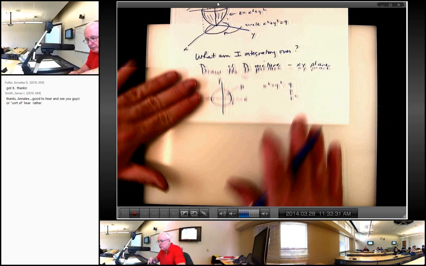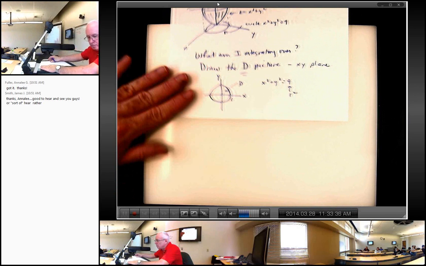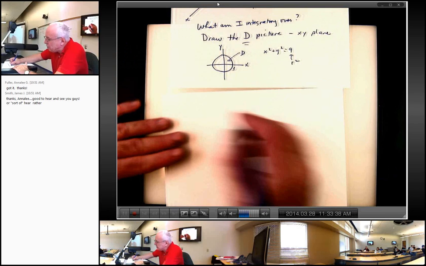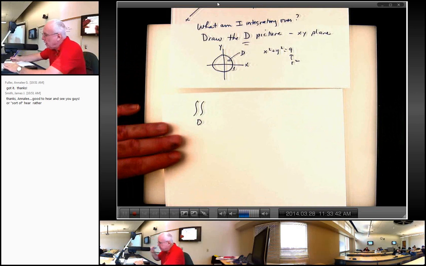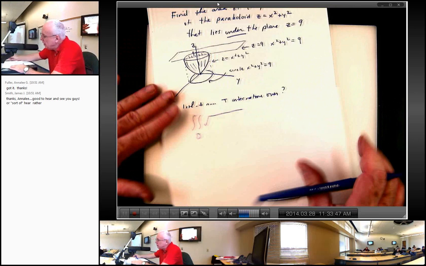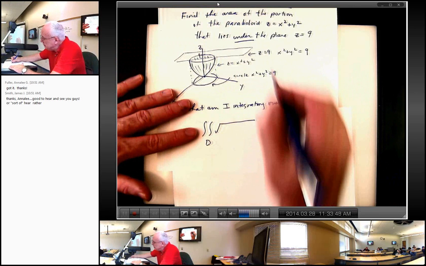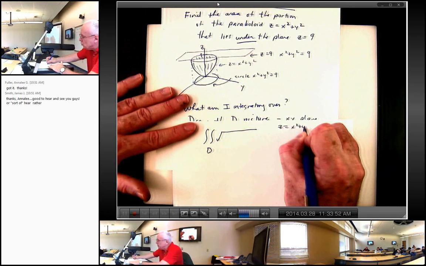Let's hope we can get this finished. So let's set this up. First of all, we're going to have a double integral over D. Okay, what's it going to be? It's going to be the square root of what? z is equal to x squared plus y squared. So it's the square root of 1.